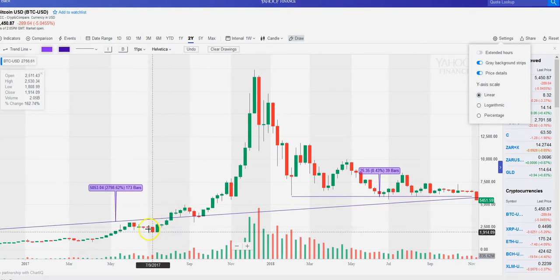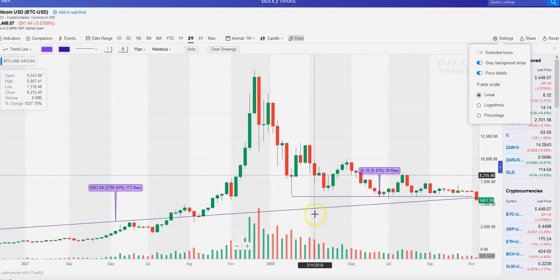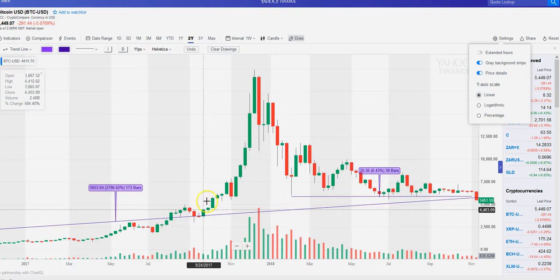Yeah. So if we break this line here, and it looks off because we went from log scale to linear, then the next support is 4,600 or so.